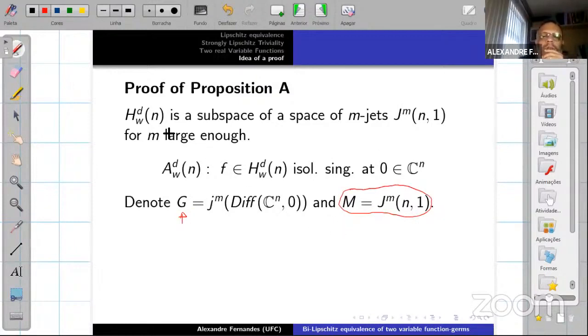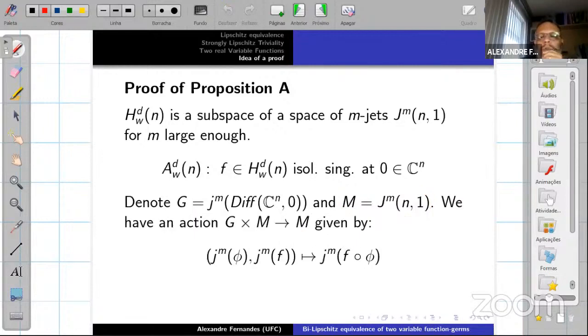In order to show that two elements of these sets are analytically equivalent, we have to show that this action is given by that.